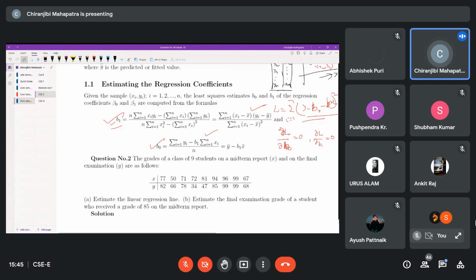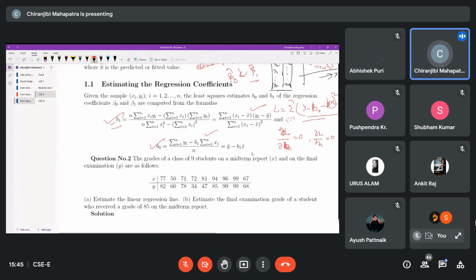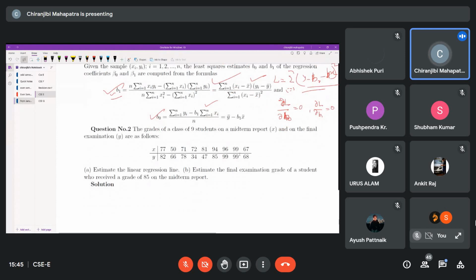Estimate of beta naught and beta 1, या तुम इसको beta naught hat और beta 1 hat भी लिख सकते हैं. फाइन, फिर इसको मिनिमाइजेशन करके ये वाला वैल्यू आता है. I will not go through the proof of this one, just try to remember this.